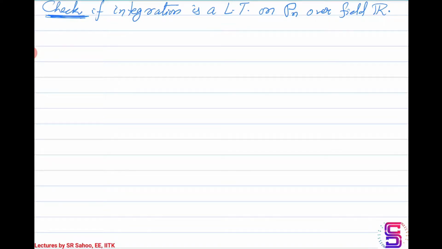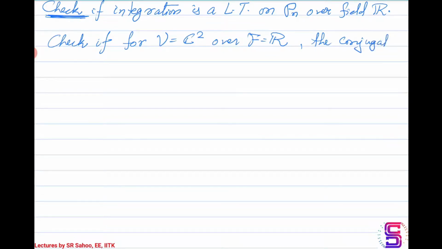Similarly, check if, or rather I should give you C2 over the field R, the conjugation operation is a linear transform.